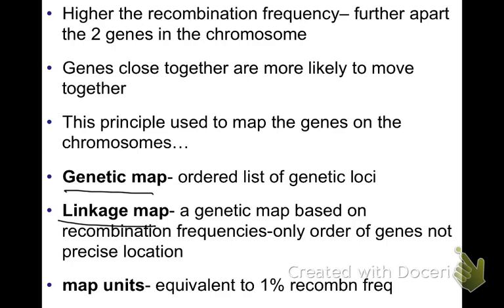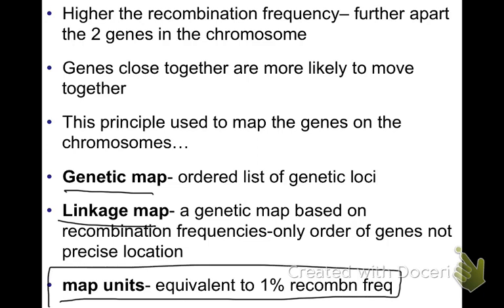This does not exactly measure and tell you this much distance away, but it tells you which one comes first, which one comes next, and which follows after that. Map units are 1% recombination frequency. That is one way of giving you a sense of the placement.